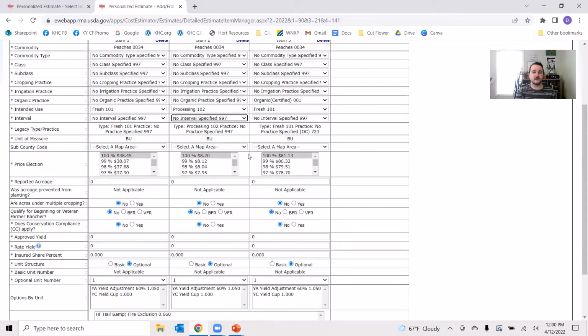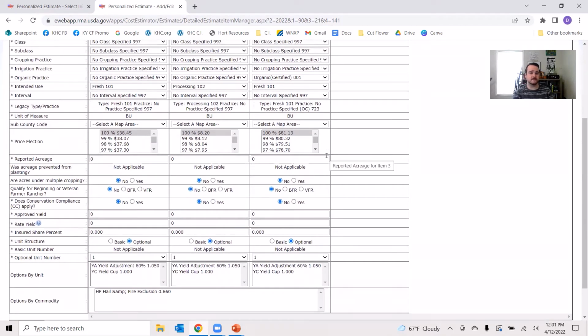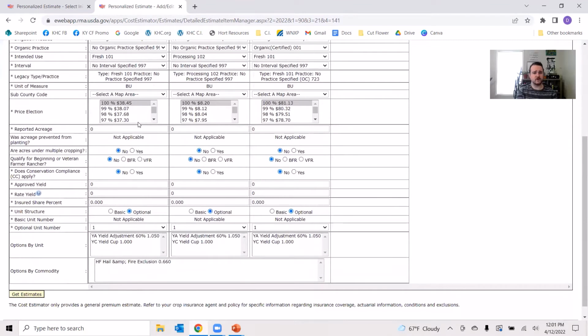So it's $8.20 per bushel, conventional processing peaches. And then you can see down here at the organic, the price for 1 bushel is $81.13. So we'll leave those all at 100% of the price. And then for reported acreage, we're going to do that 1 acre.